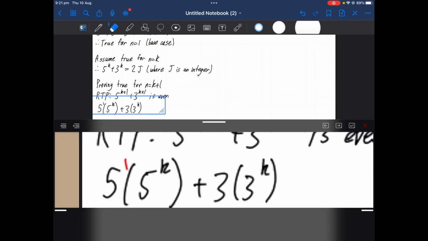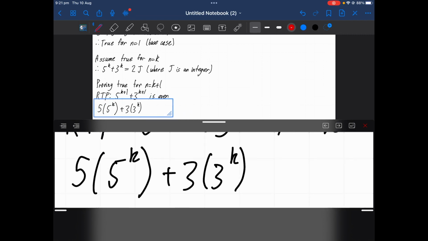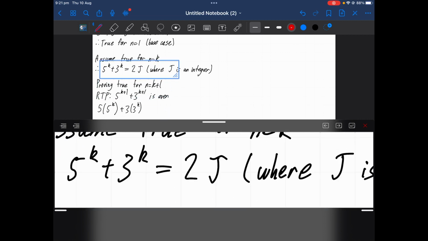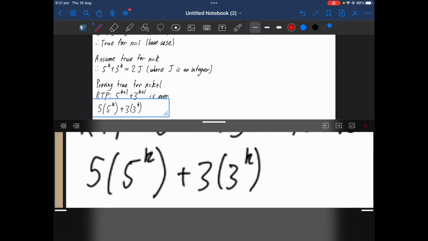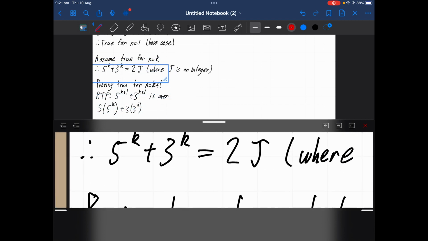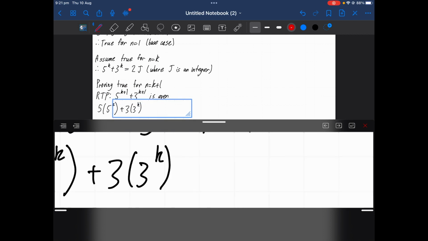Now that we have it in terms of something like this, I think it's a little bit easier to make another substitution because, well, look at the 5^k's and the 5^k's and the 3^k's and the 3^k's up here. It's a little clearer to see the similarities. So we can say that this is equal. Let's make the substitution now.